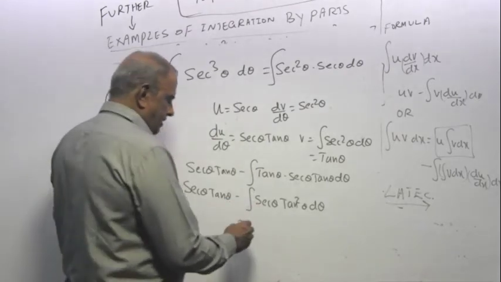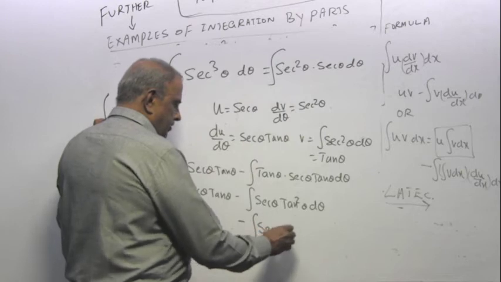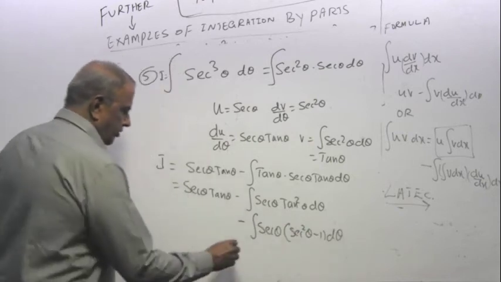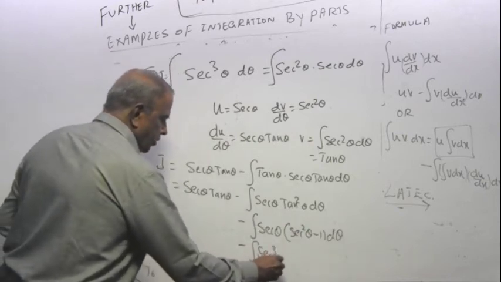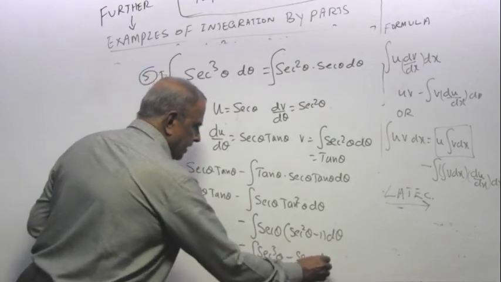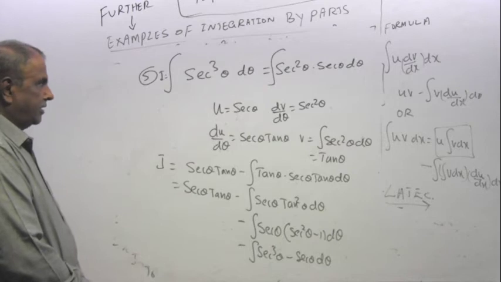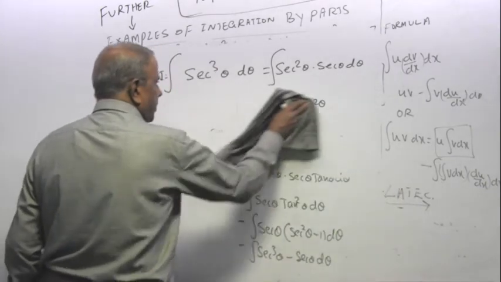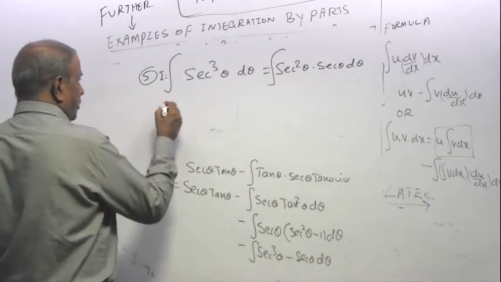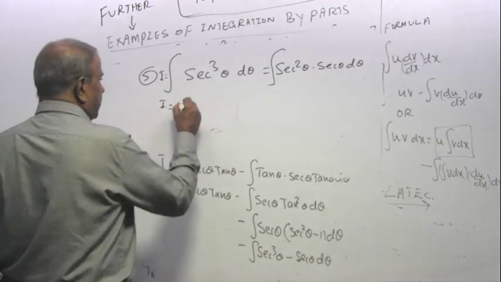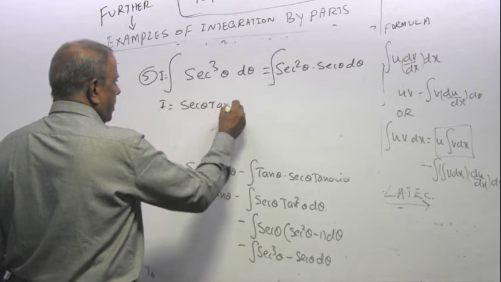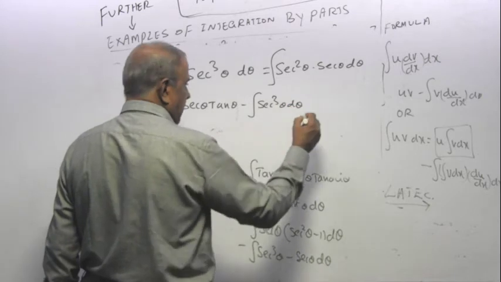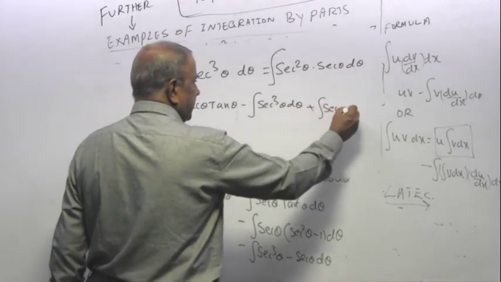So what we do is, we have learned identities, haven't we? Tan squared theta is sec squared theta minus 1. So that's minus integral sec cube theta minus sec theta d theta. Correct? So therefore, I can rub this off. So I equals sec theta tan theta minus integral sec cube theta d theta plus integral sec theta d theta.